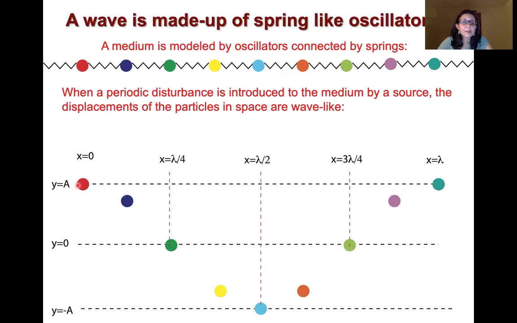Now, the spatial period here: when you have one oscillator, the red one, at its maximum displacement, and then this one over here, this turquoise color, at the same displacement from equilibrium, which in this case is the maximum, then the distance between these two is exactly defined by one wavelength. So you could think of a wavelength as sort of the spatial period of the wave.